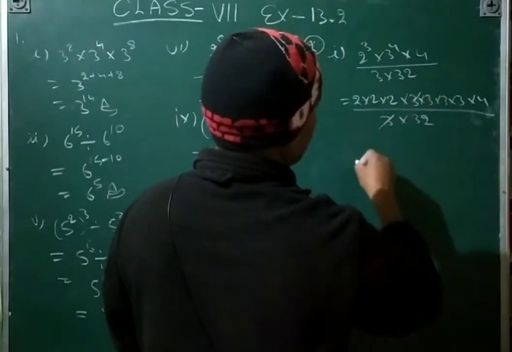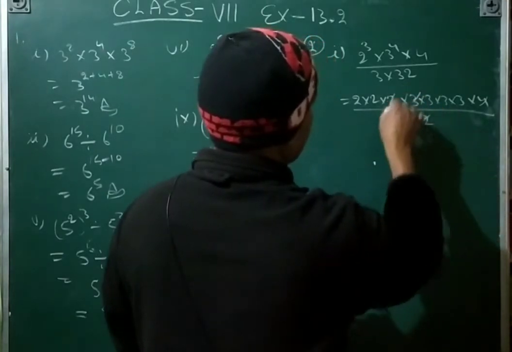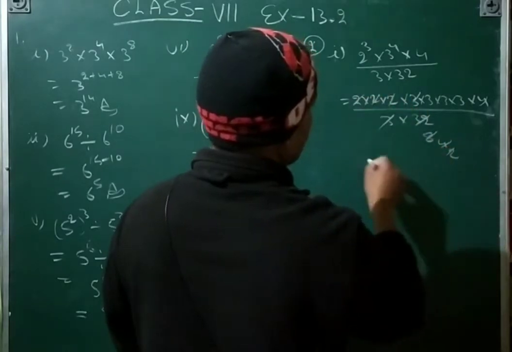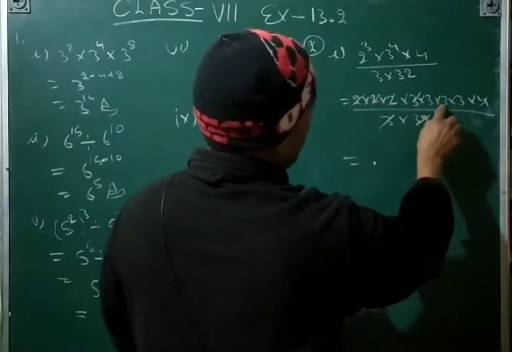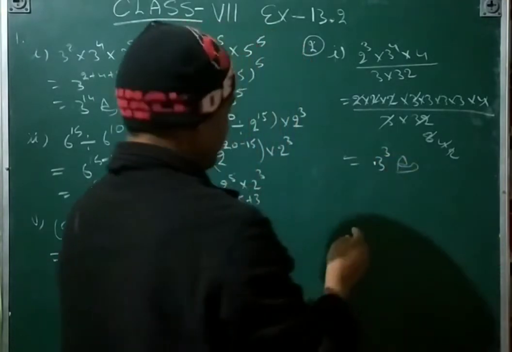So 3 cancels by 3, and 4 times 8 is 32. So 3 has left 3 times, so 3 power 3 is the answer.